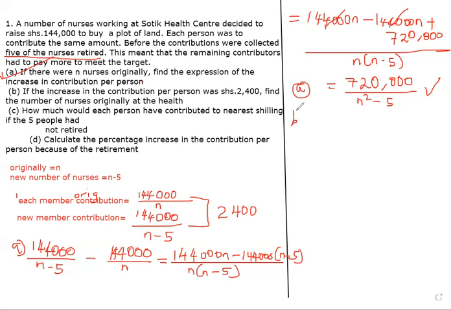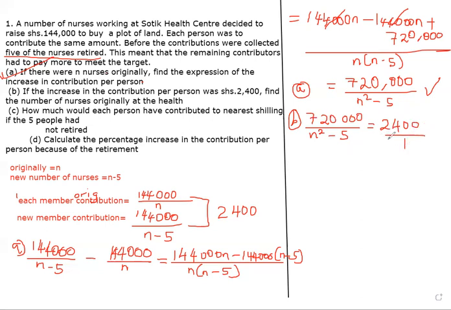Part B, which is very, very important. If the increase in the contribution per person was this, the expression for the increase is this one here. So find the number of nurses. That one is very easy. So just say 720,000 over n squared minus 5n is equal to 2,400.